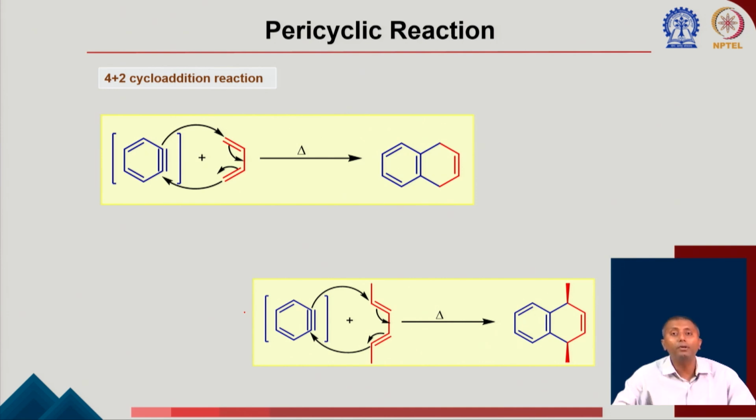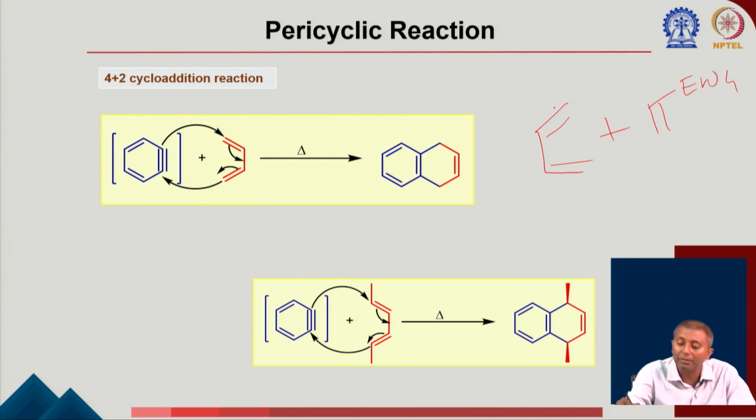We all know about the 4+2 cycloaddition, and we have already learned this in the pericyclic reaction course. If you remember the 4+2 cycloaddition, there will be a diene and a dienophile. We always mention that the dienophile will have an electron withdrawing group, and the diene will have an electron donating group.